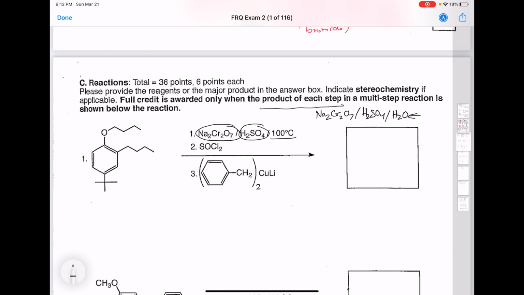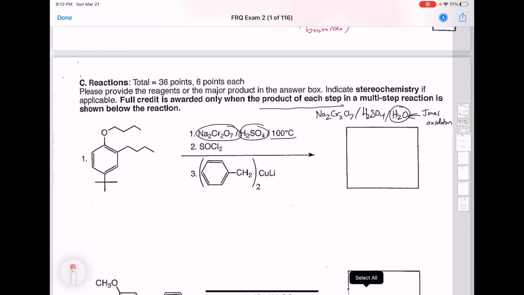However, in the Jones oxidation, there is an important distinction: there is water, because that allows us to have a dilute acidic solution. However, here there is no addition of water. So we have a considerably more concentrated solution of sulfuric acid, at a high temperature, 100 degrees C.